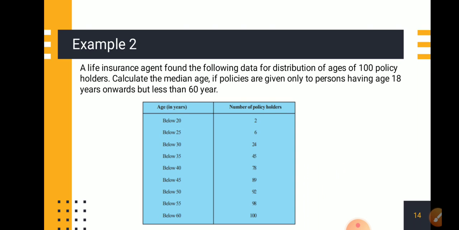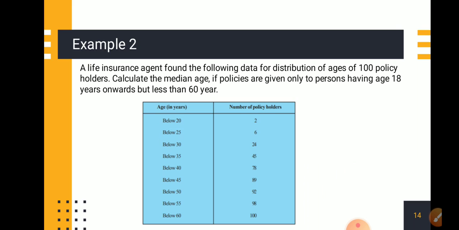Another example to understand median. A life insurance agent found the following data for distribution of ages of 100 policy holders. Calculate the median age if policies are given only to persons having age 18 years onwards but less than 60 years.